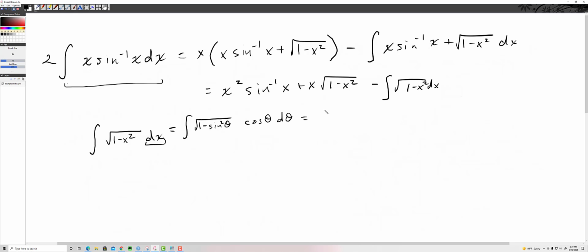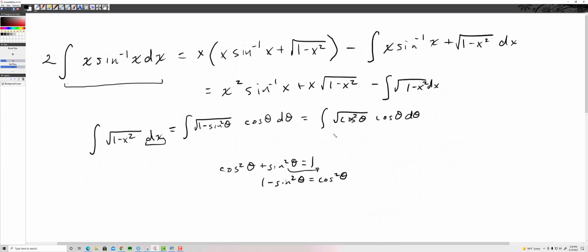We know that cosine squared theta plus sine squared theta is 1. So 1 minus sine squared theta is just cos squared theta, right? We're just moving this to the other side. So we can change this to cos squared theta.